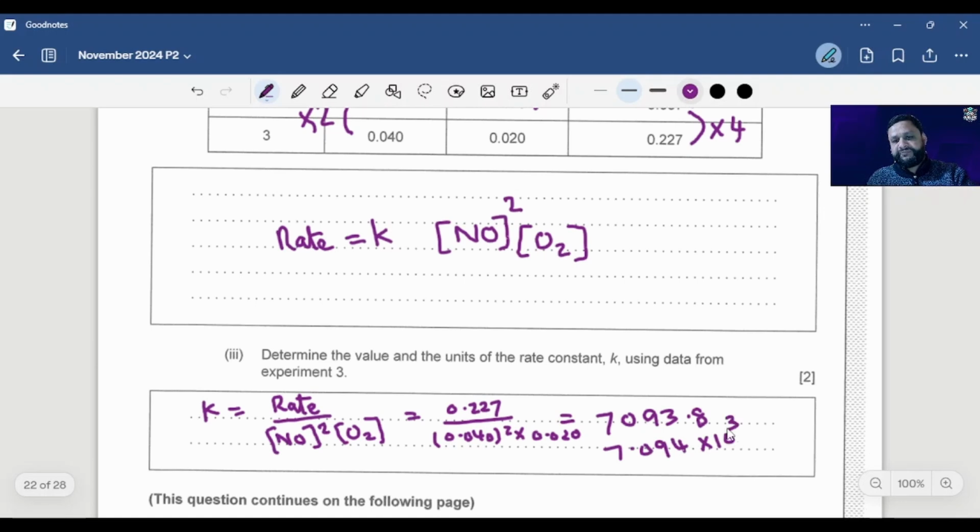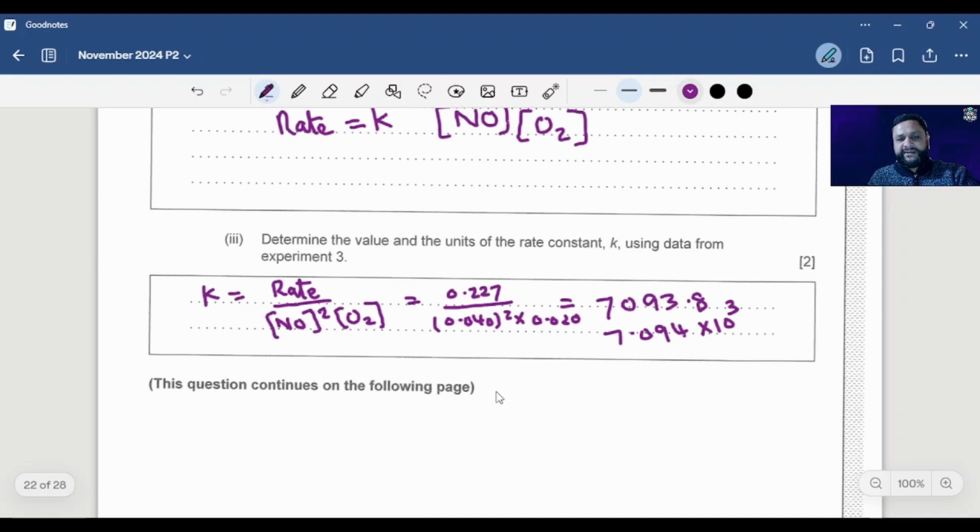Let's derive the units. So the units of rate are mole per dm cube per second, divided by units of concentration, which is mole per dm cube. So mole per dm cube squared, times mole per dm cube.